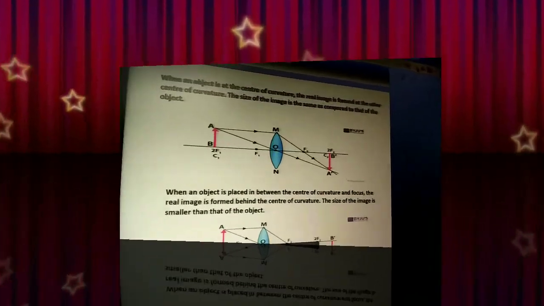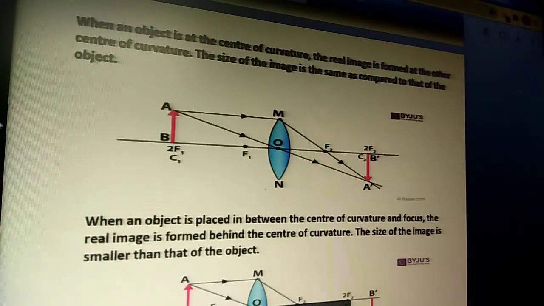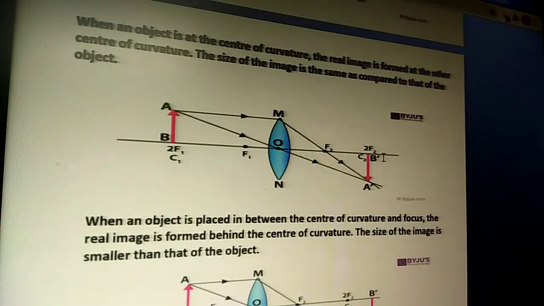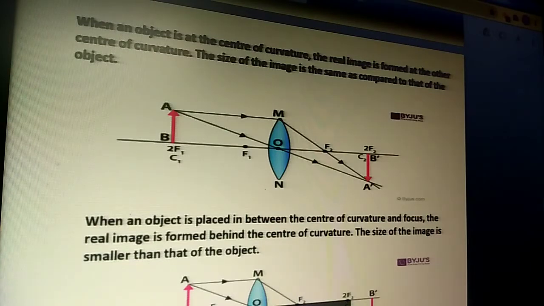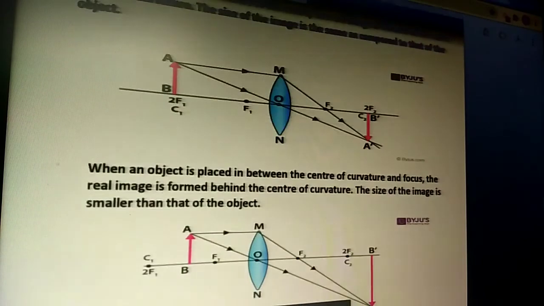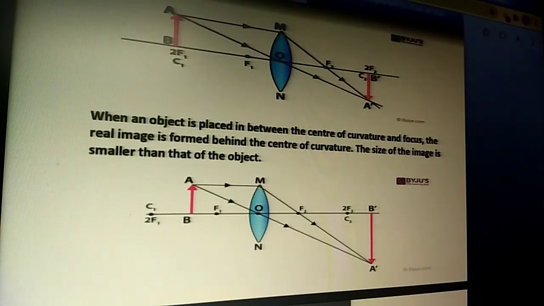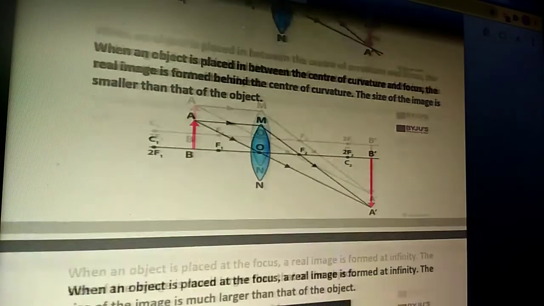Now when the object is at 2f1, the image will be formed at 2f2 and of the same size, same as a concave mirror, but here the rays pass through the optical device, because this is refraction, not reflection. Next, in between 2f1 and f1, beyond 2f1, the image is real, magnified.